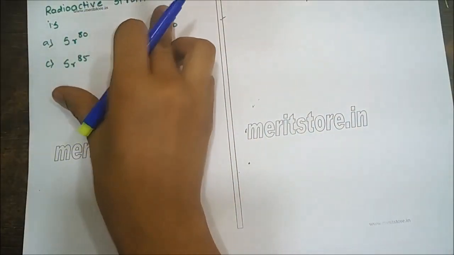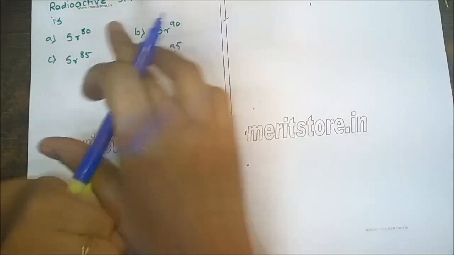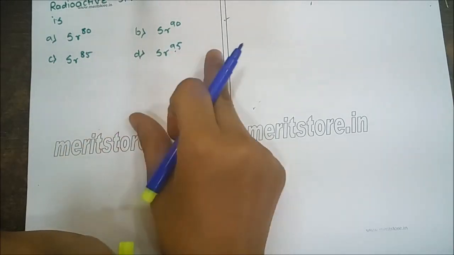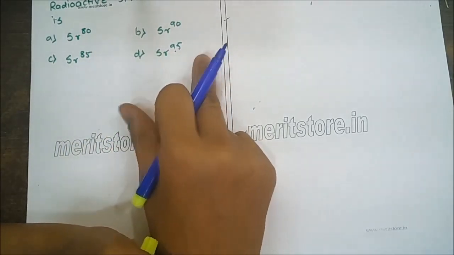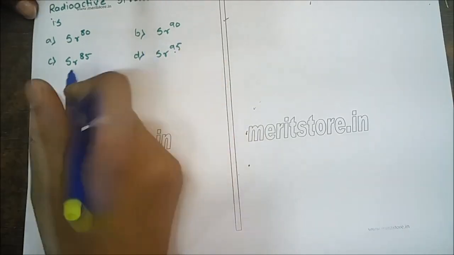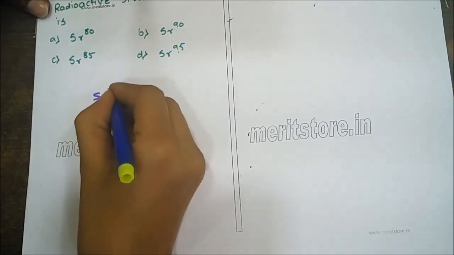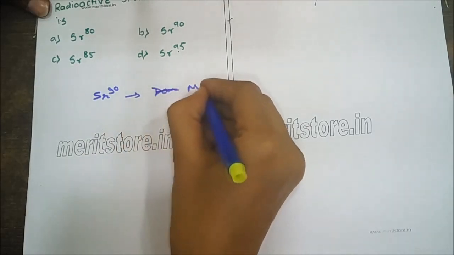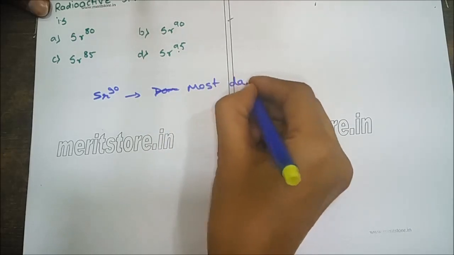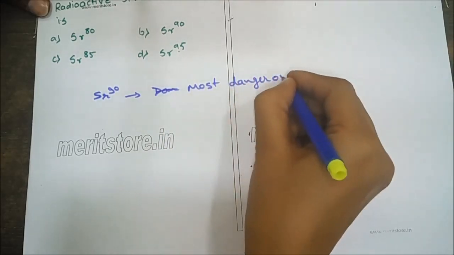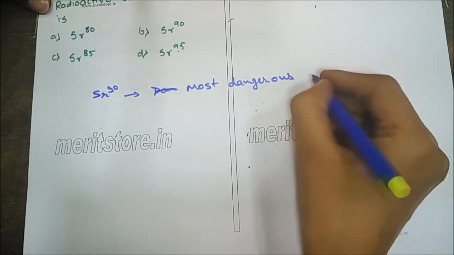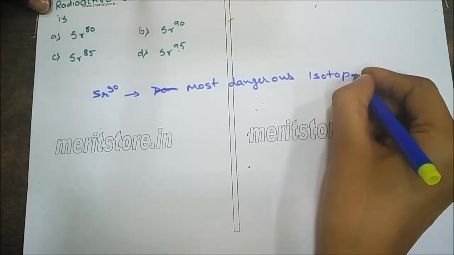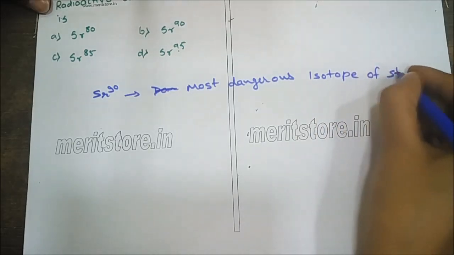Radioactive strontium as a result of radioactive fallout is A. Strontium 80, strontium 90, strontium 85, and strontium 95. The radioactive strontium 90 is the most dangerous isotope of strontium.